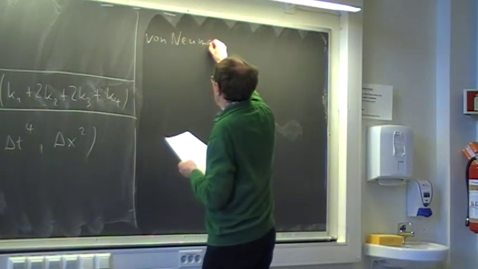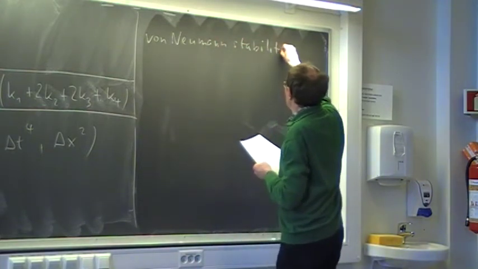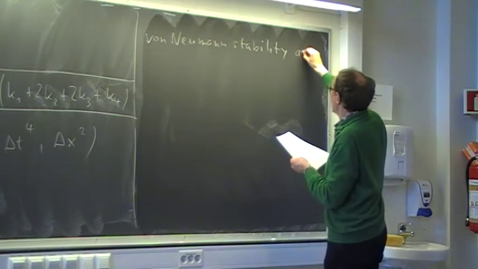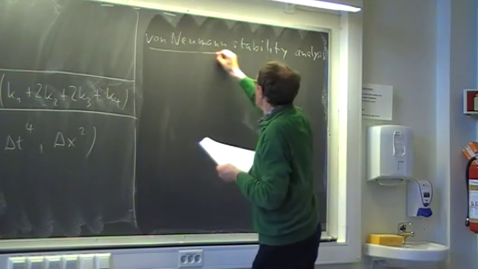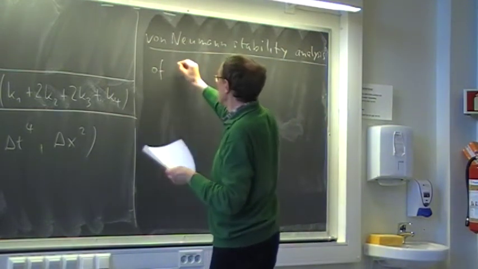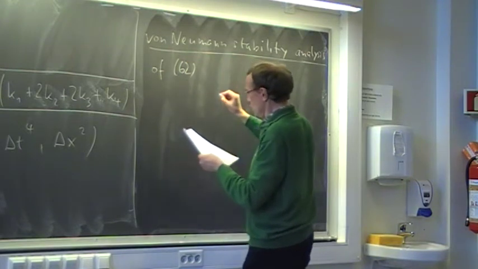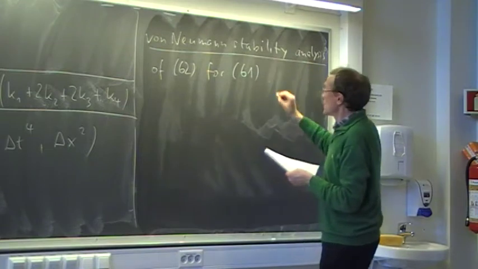So the von Neumann stability analysis is now of our Runge-Kutta method. This is 62 for solving the system of ODEs 61.